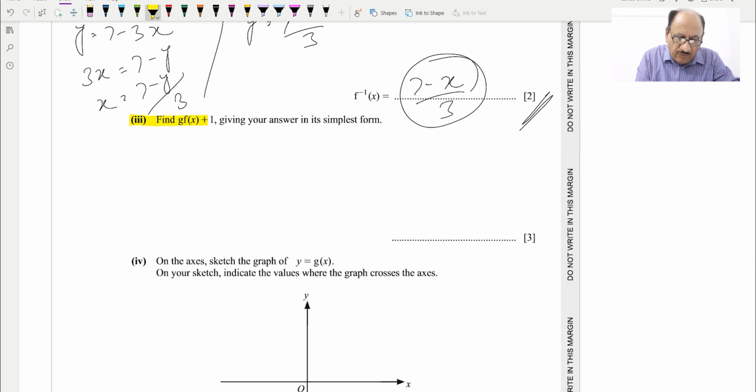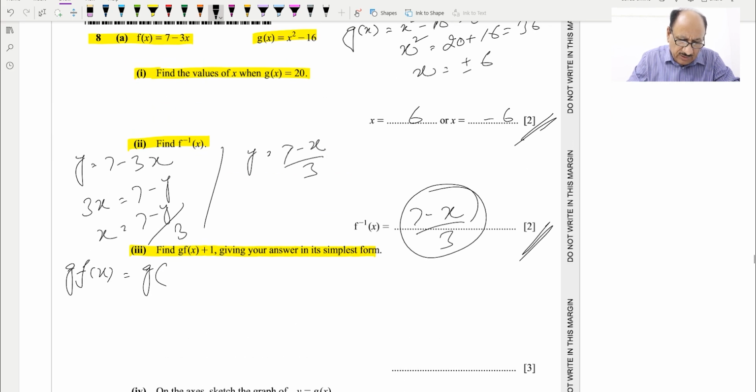Now for part 3, it says find g of f of x plus 1, giving your answer in its simplest form. So we will find g of f of x first, and we can write g of, and f of x value is what, 7 minus 3x.